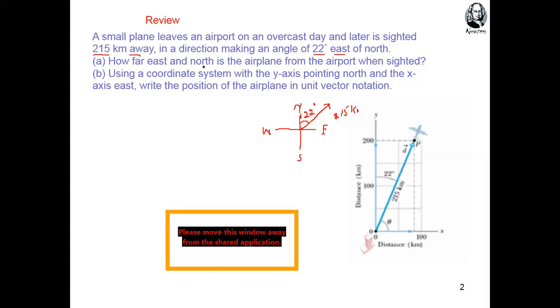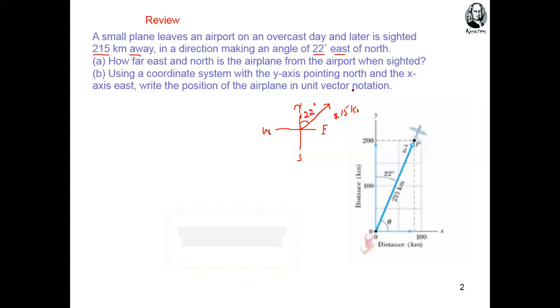So how far east and north is the airplane from the airport when sighted? It means the distance covered on the east side and the distance covered on the north side. So how can we find it? Actually, this example is from components of a vector. The vector is given.